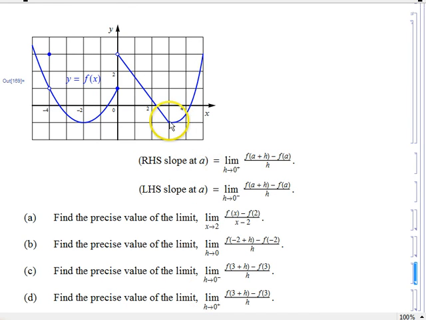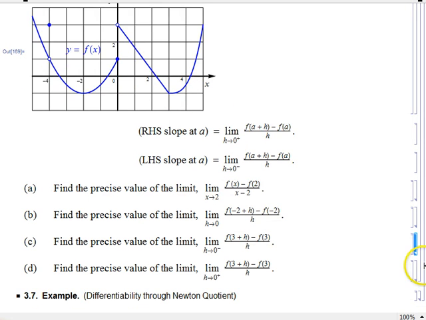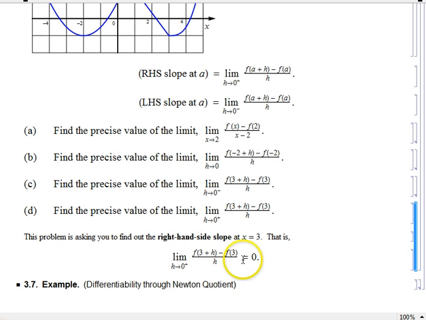That's the right hand side slope from here, and that's part of this parabola-like picture. So that slope must be 0 because to the right hand side the tangent is actually this horizontal line. So right hand side slope is actually 0.